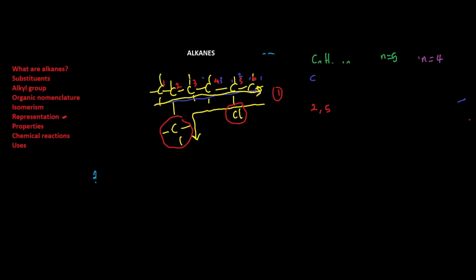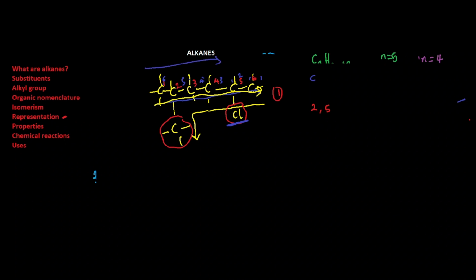In this case, we would have 1, 2, 3, 4, 5, and 6, so we would still have 2 and 5 as our numbers, but preference is given to non-organic substituents, and in this case a non-organic substituent would be chlorine.